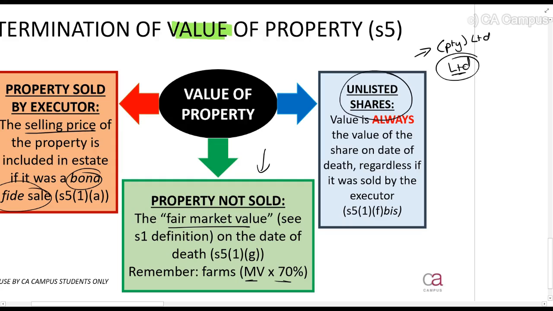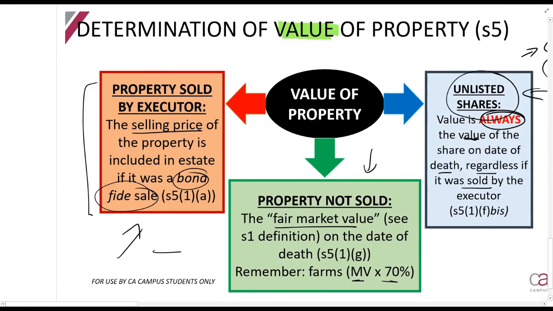So for unlisted shares, you always use the value of the shares on the date of death, regardless of whether it was sold by the executor. So if the market value is 50 rands and the executor sells it for 70 rands, you use the market value. If the market value is 50 rands and the executor sells it for 40 rands, you use the market value. Only for unlisted shares. For listed shares, you apply our normal rules. That's it for property.